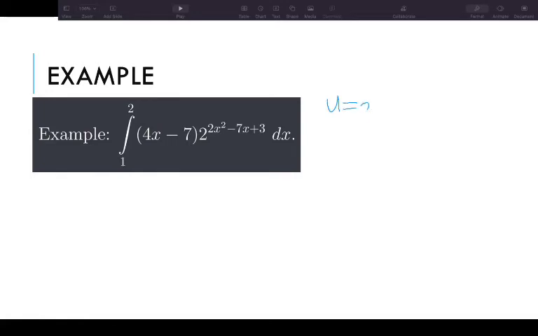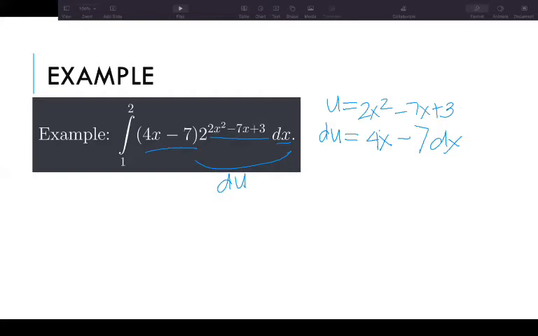U equals 2x squared minus 7x plus 3. Getting the derivative, we have 2 times 2, 4. 2 minus 1, 1. So 4x minus 1 minus 1, 0 times 1, 7 dx. And this is the exact form as the one in the given problem. So this whole thing is just du.